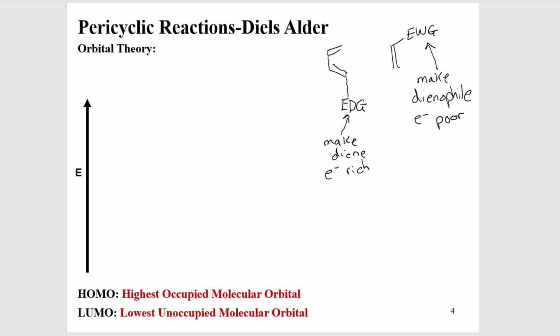Now, electronically, there's a reason for these two to come together. You have an electron-rich diene and an electron-poor dienophile. They will come together. We'll talk more about what these look like, but I want to map out how this orbital theory works for you guys.